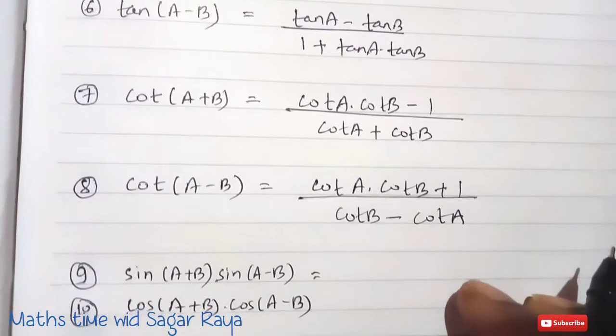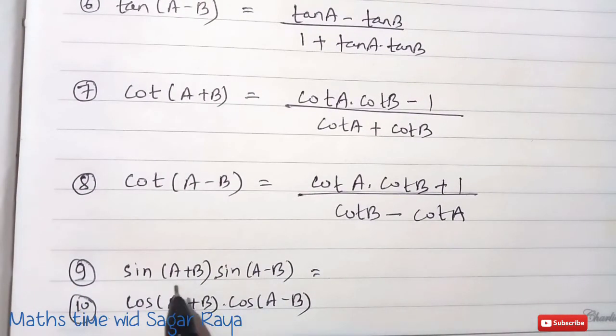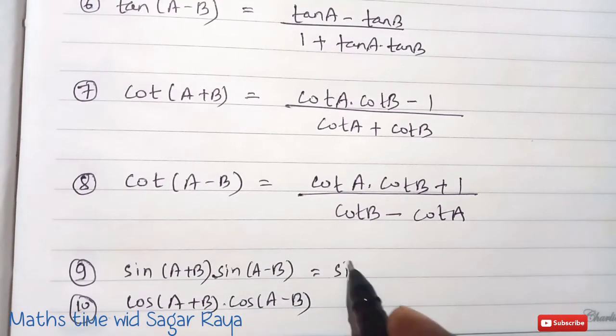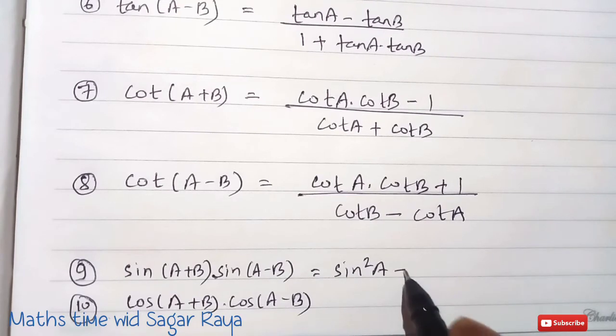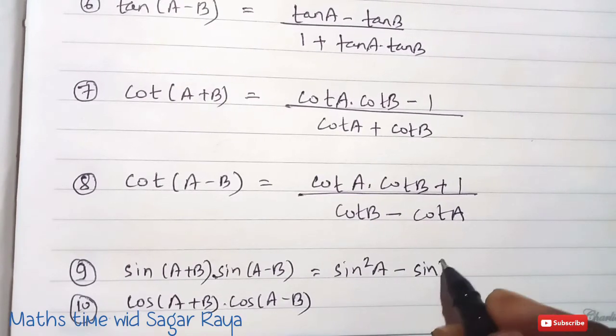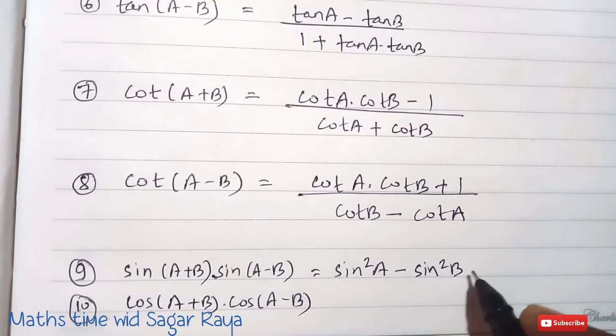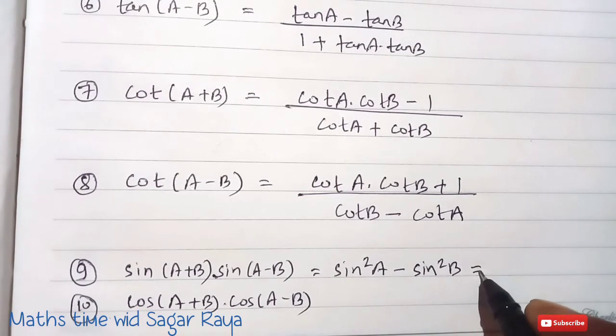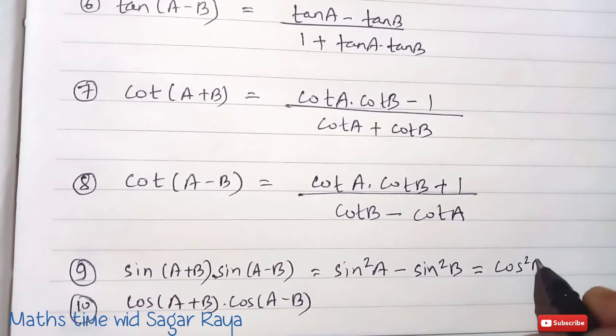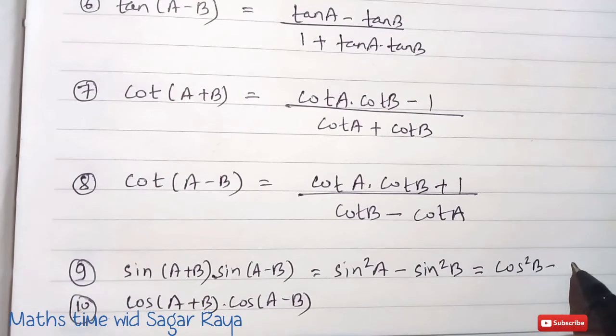Similarly, the formula for sine a plus b dot sine a minus b is sine square a minus sine square b, and another formula is cos square b minus cos square a.